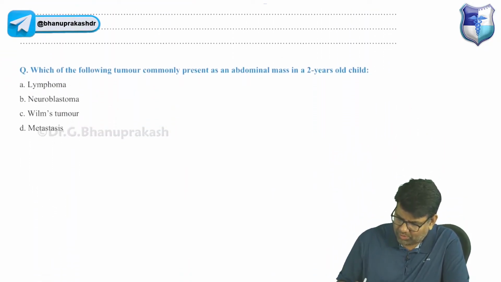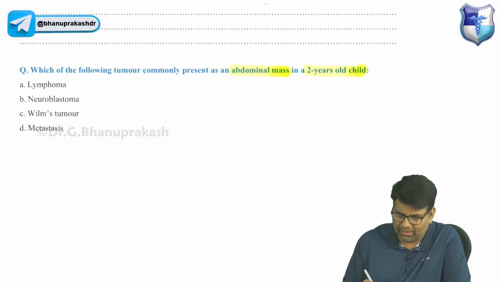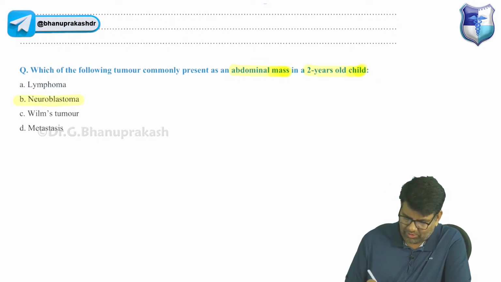Now, which tumor presents as an abdominal mass in a 2-year-old child? This is neuroblastoma.